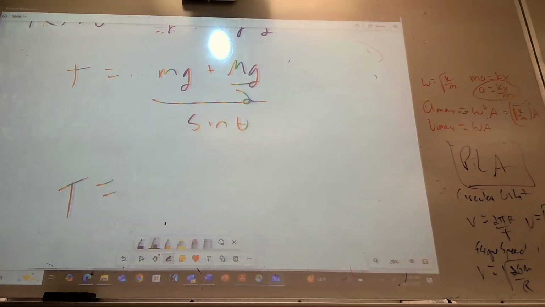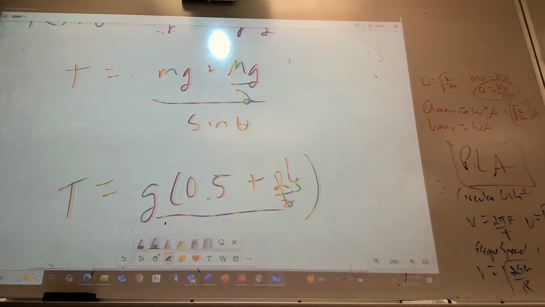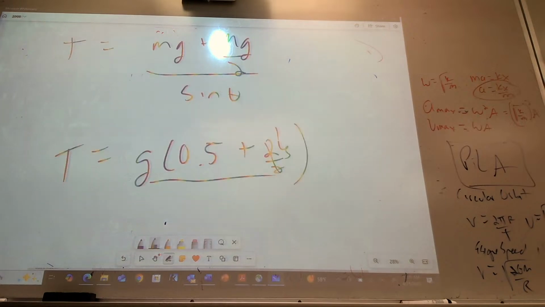So I can pull out my g too, so I have 0.5. You don't have to pull it out, but that would only leave me 2 kilograms over 2, which would cancel to 1. And sine of 30 is a half. So if I just look at that numerator, I'm getting 1.5 in the numerator. Divided by a half is multiplied by 2, so I get 3. So you should end up with something like 3 times g, approximately 3 times g.